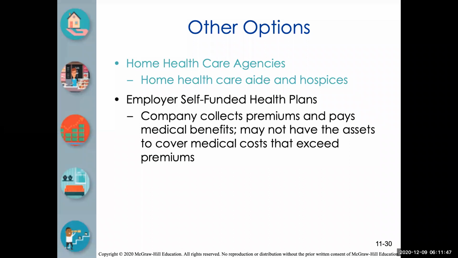You can have employer self-funded health plans, where the company will collect premiums from you as the employee, and the company then pays the medical benefits, as opposed to having a healthcare plan provided by Blue Cross Blue Shield. The company self-funds their healthcare plans. There's a risk to it, but nonetheless, the company can choose to use its own resources to cover the health needs of the employees.